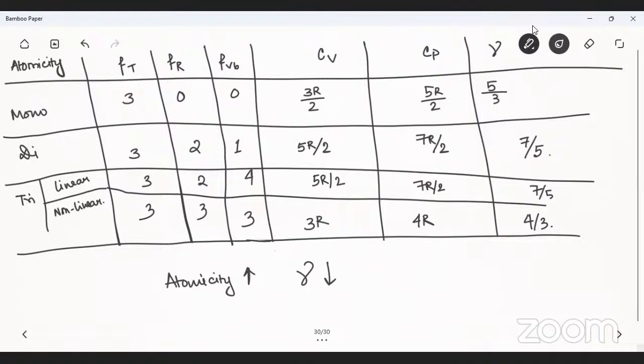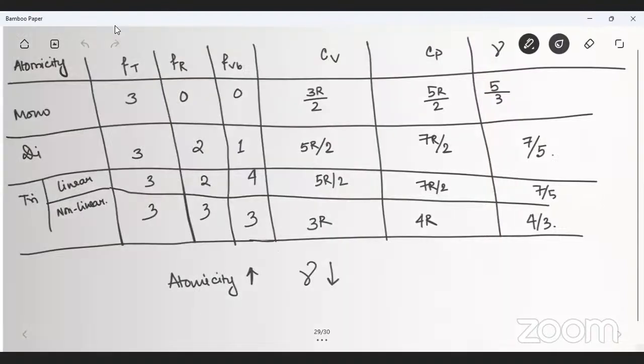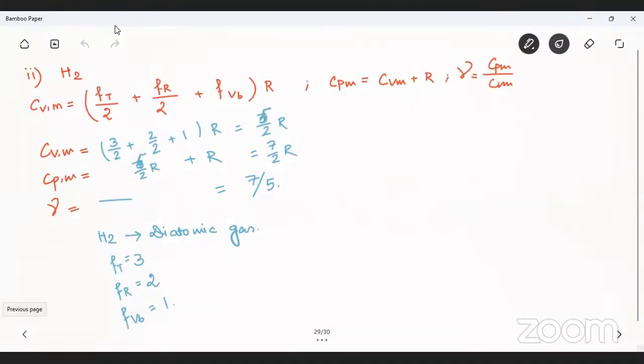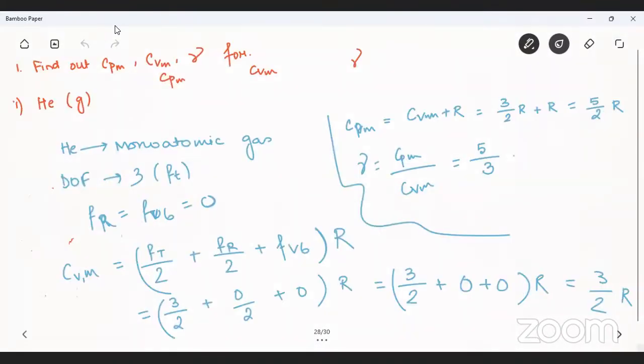Whatever I have written here, if you don't trust me, you can just calculate everything. I have just done the calculations and given you the chart. But for your boards, obviously they will ask you how it is coming. That is the reason I have shown you the detailed process. This is one detailed process, this is another detailed process.